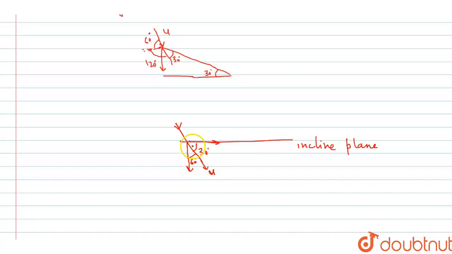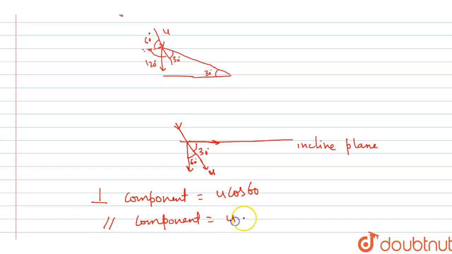The perpendicular component will be u cos 60, which is u upon 2, and the parallel component will be u sin 60, or root 3 u upon 2.